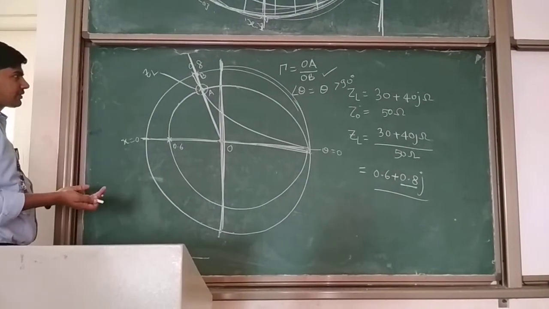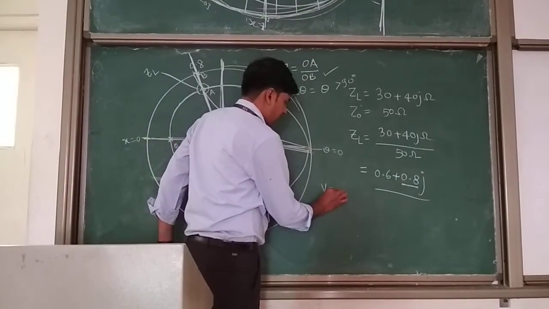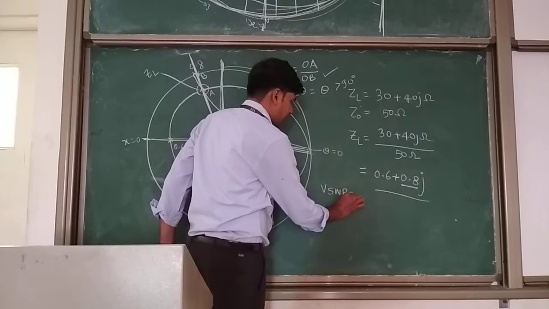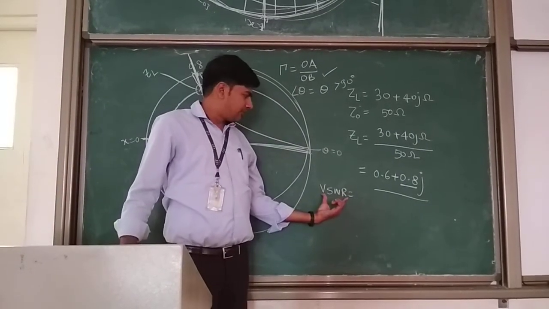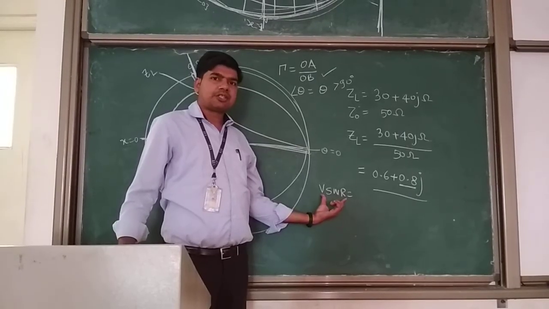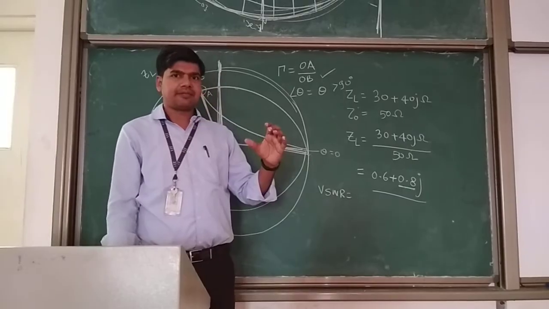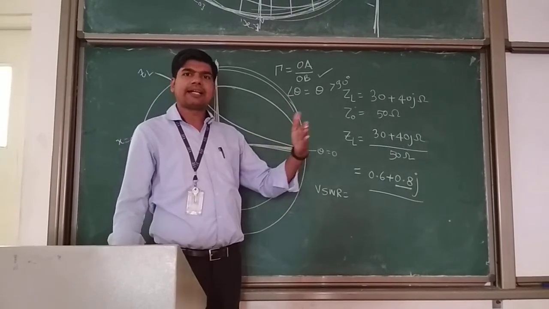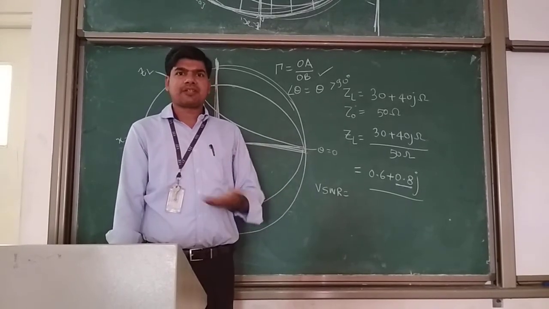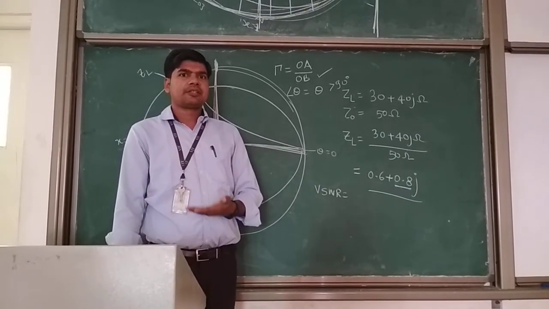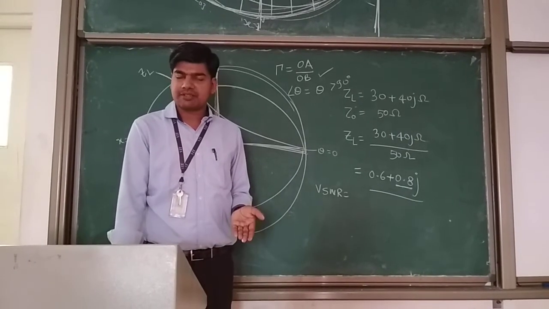Now next comes VSWR calculation. VSWR is also known as voltage standing wave ratio. The basic definition is, in a transmission line, if there is a standing wave due to reflection at the load, there will be maxima and minima generated in the transmission line. So the ratio of maximum voltage and minimum voltage is called VSWR.